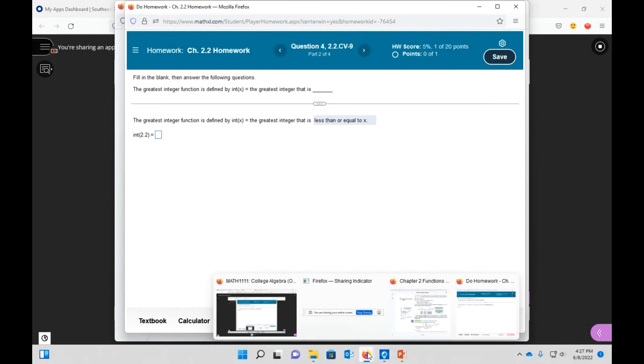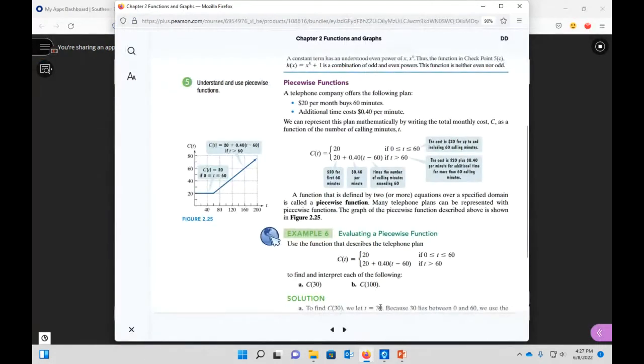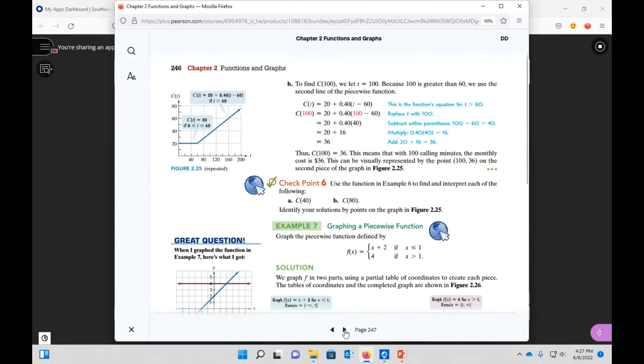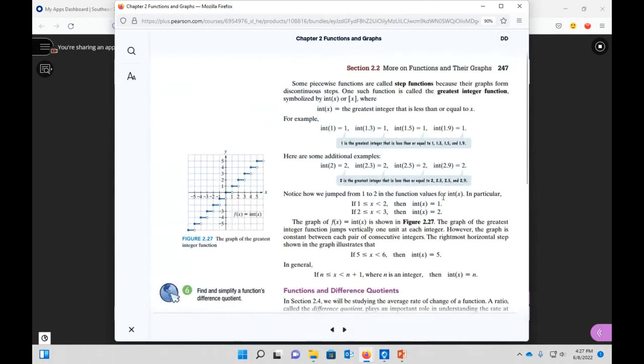Now, let's go back and look at that textbook a little bit. And a couple pages over, they mention step functions, a step function. And the one that they talk about here is this greatest integer function.